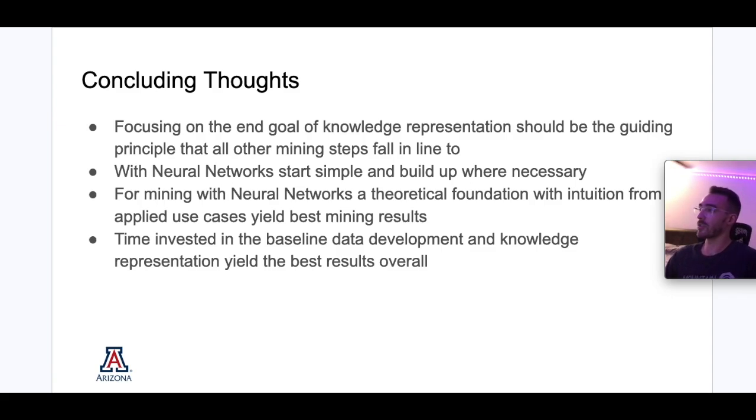We also want to make sure that when we're trying to understand neural networks, we're understanding the theoretical foundation of them, but we're also gaining intuition from the applied cases as well. And those typically will yield the best results. But even above any sort of modeling perspective, time invested into the baseline data development will always yield the best results for the underlying knowledge that we're trying to extract.